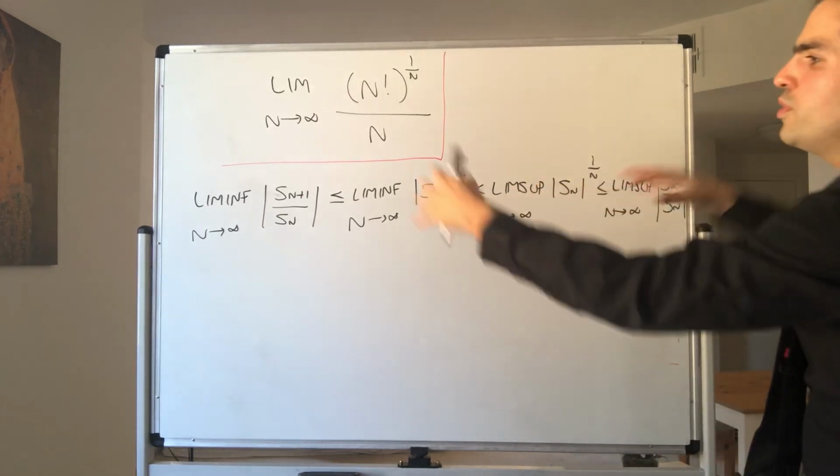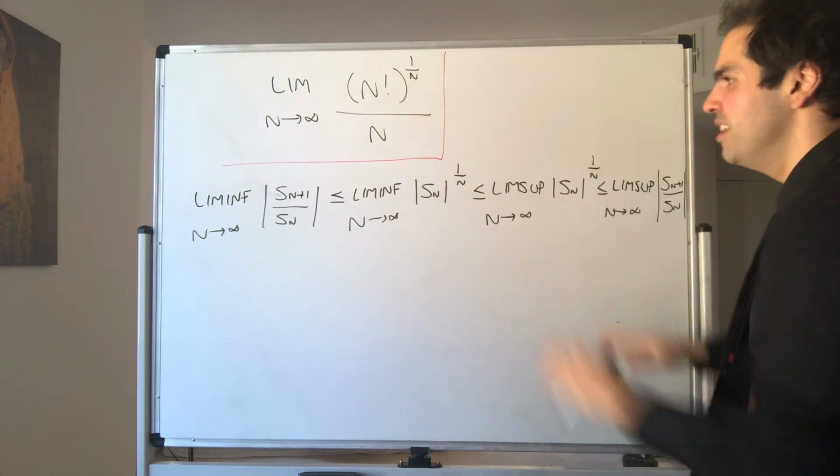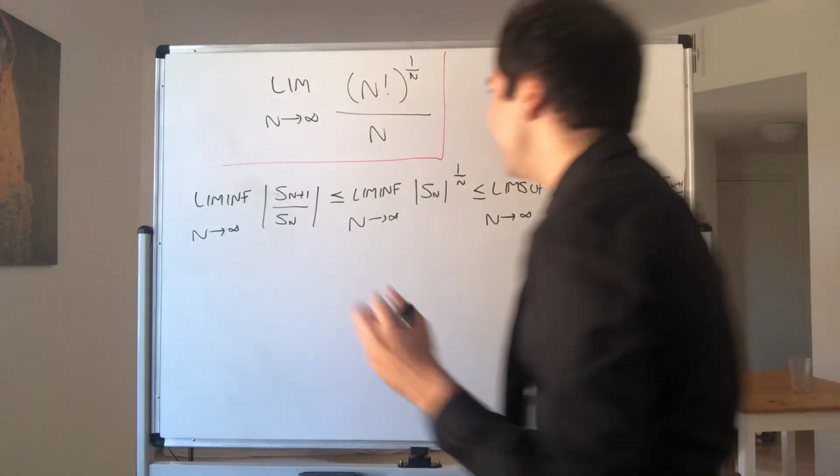So in some sense, the root terms are squeezed between the ratio terms, and paradoxically it shows that the root test is actually better than the ratio test.